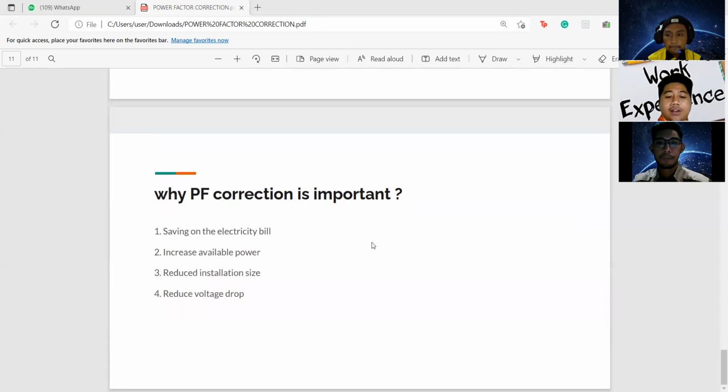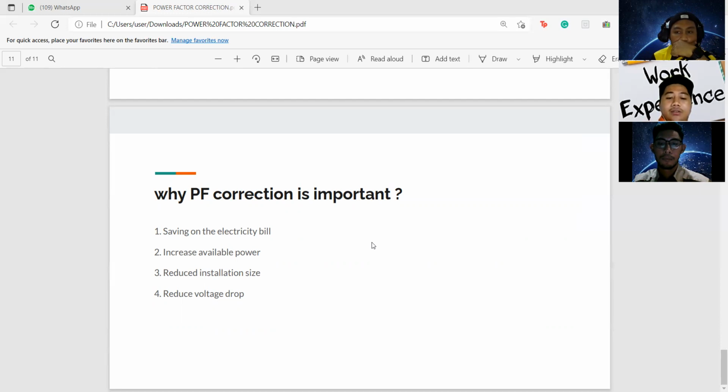Second is increase available power. Fitting PFC equipment on the low voltage side increases the power available at the secondary of the MV/LV transformer. A high power factor optimizes an electrical installation by allowing better use of the components. The third one is reduce installation size.